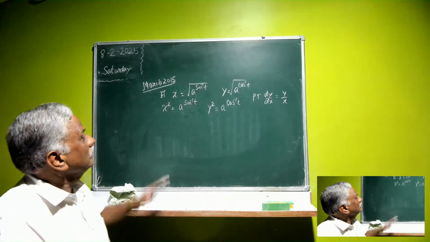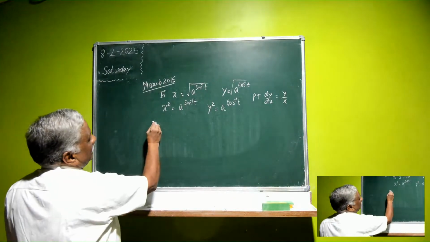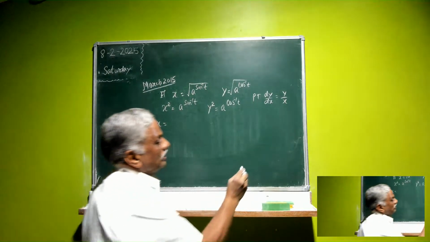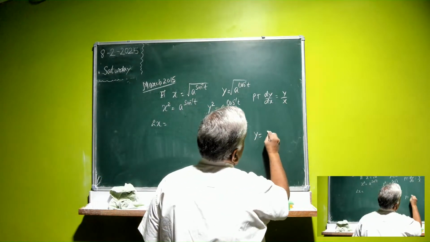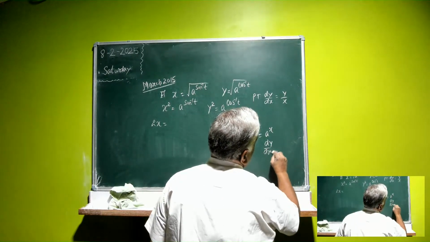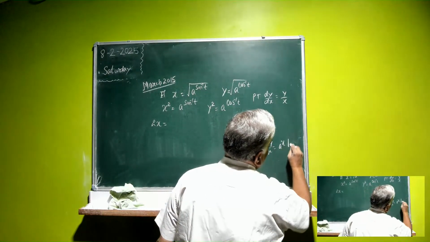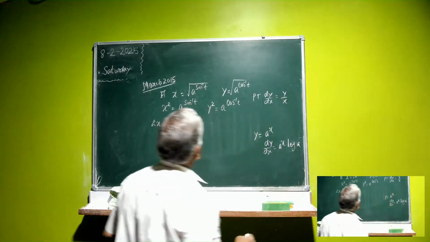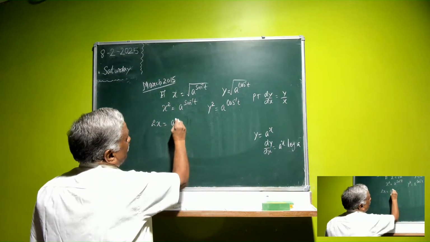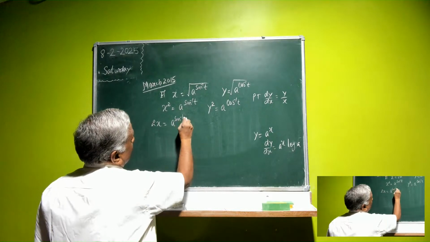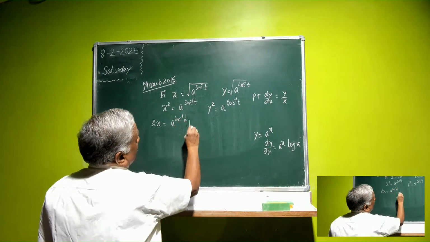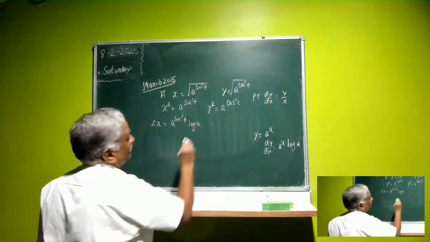Now let us differentiate this. X square gives 2x. You know that differentiation of a to the power of x is a to the power of x into log a. So I'll take this as x, and I'll get a to the power of sine inverse t into log a.